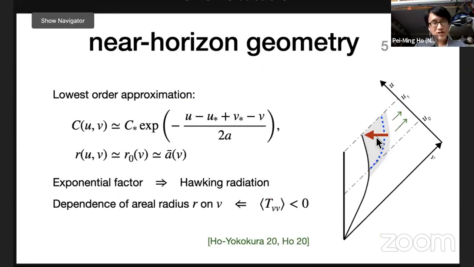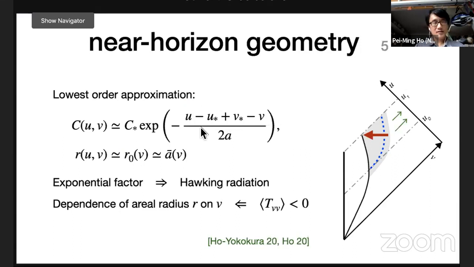One thing to keep in mind is that when you go deeper into the near horizon region, the value of U increases and the value of V decreases, so that this exponent gives you a larger negative value, and the conformal factor decreases exponentially. As you move in the direction of the arrow, C quickly goes to a tiny number.